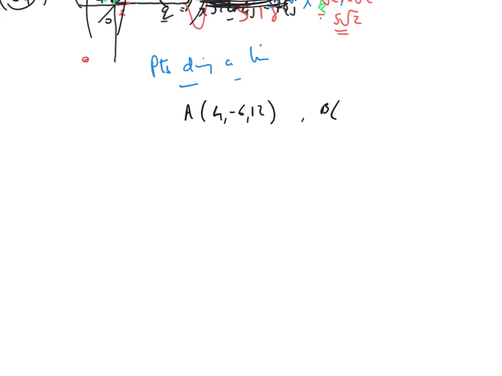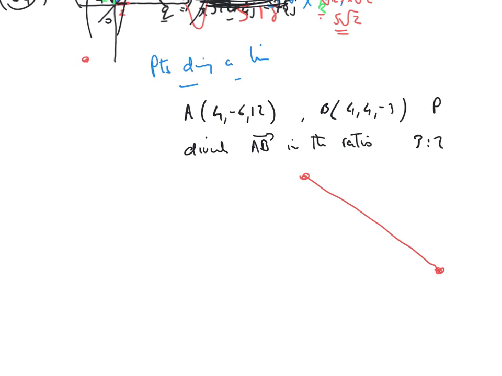We've got the point B, which is 4, 4, minus 3, and we've got the information that P divides AB in the ratio 3 to 2.